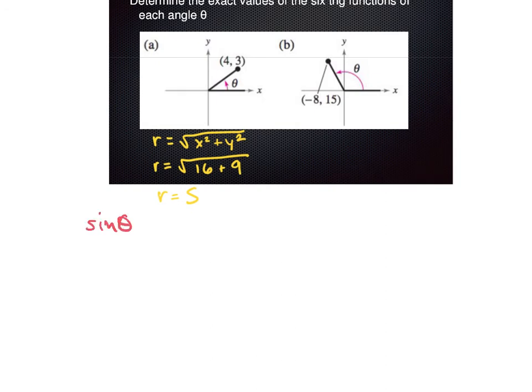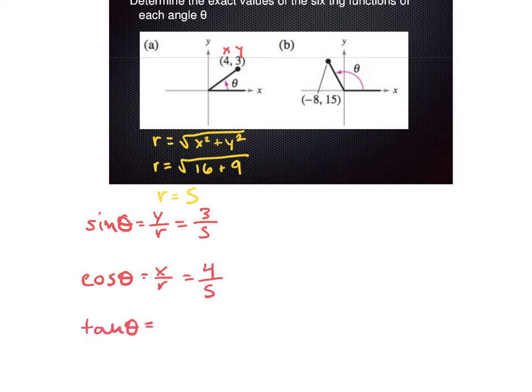So first let's start with sine of theta. Sine is y over r. So what would sine of theta be? 3 over 5. Perfect. What would cosine of theta be? 4 over 5. Tangent of theta? 3 over 4.